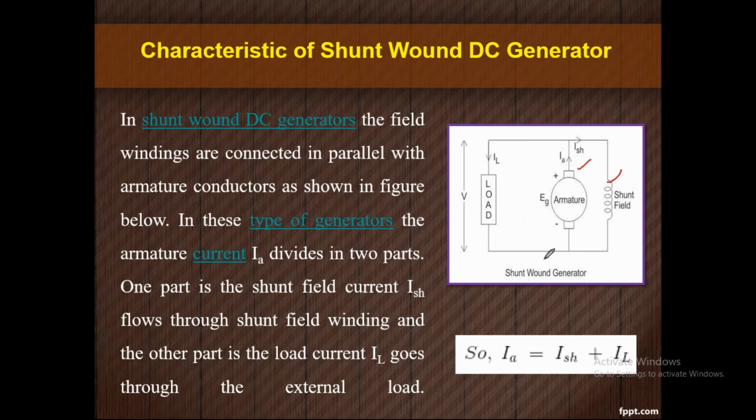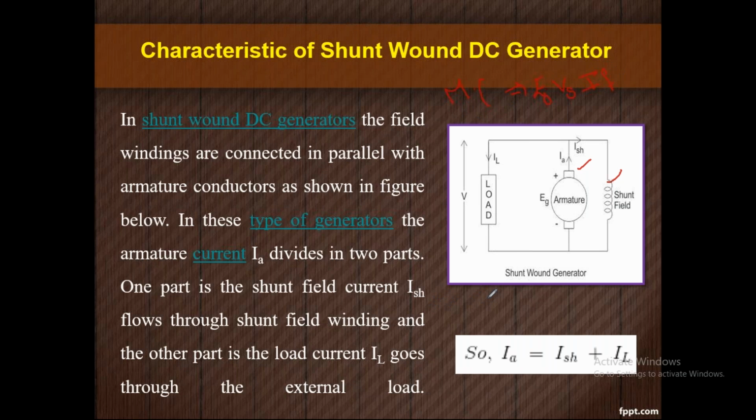Now from this working principle, we are going to make two characteristics: open circuit characteristics and load characteristics. So here we can draw the magnetization characteristics in between no load voltage versus field current. And next, load characteristics.